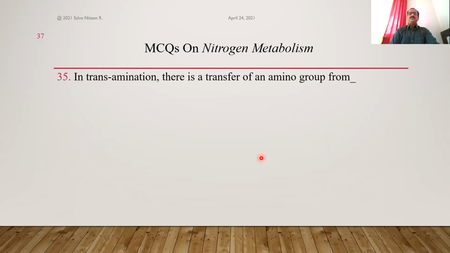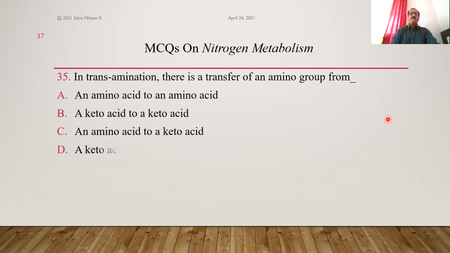In transamination, there is a transfer of an amino group from what? Okay. So you have studied transamination. You have studied the example, glutamic acid plus oxaloacetic acid, it gives rise to alpha ketoglutaric acid plus aspartic acid. Yeah, that is the equation of transamination, which starts with glutamic acid, that is amino acid.